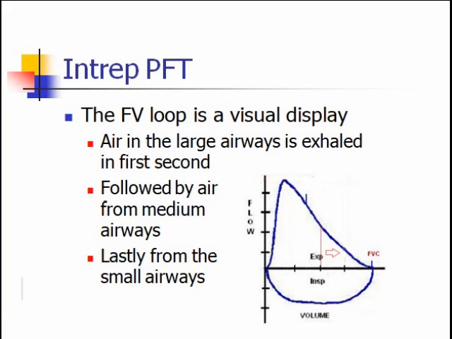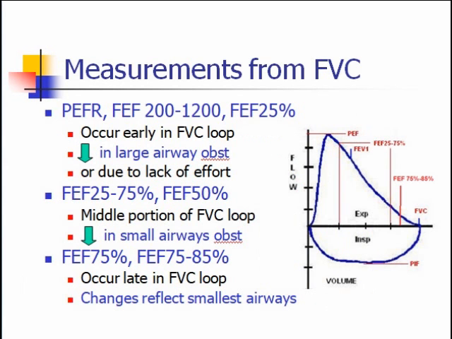This is followed by the air coming out of the medium-sized airways, and then at the very end of the exhalation, we're measuring the air from the small airways. And so when we get this information, we can look at what's happening in the lungs at different points of the patient's exhalation.